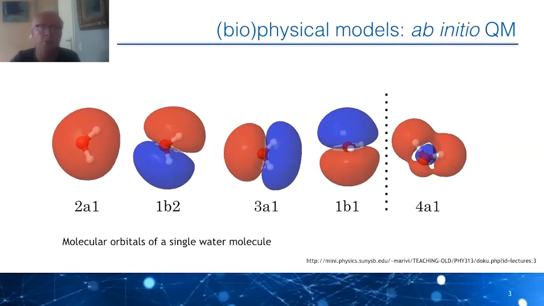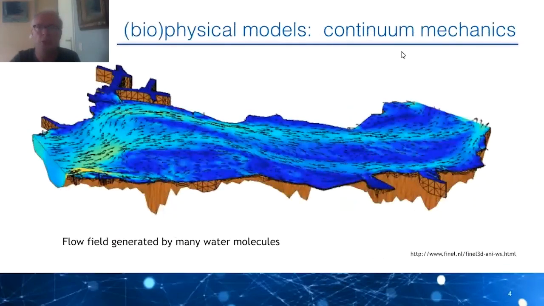So what if you want to look at a collection of molecules? Usually for a very big simulation, for a big calculation, you go to continuum mechanics. So this is a simulation of the flow field of very many water molecules through a certain sea arm in Holland.